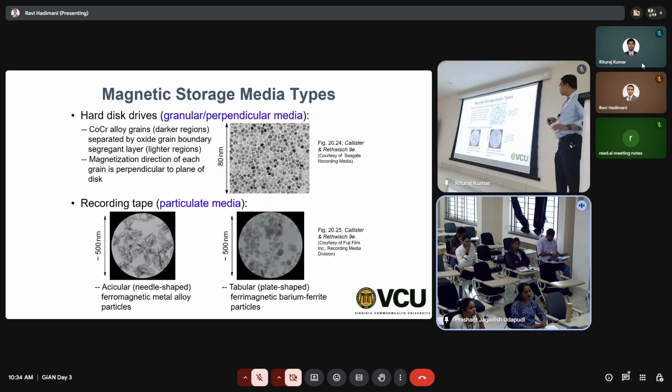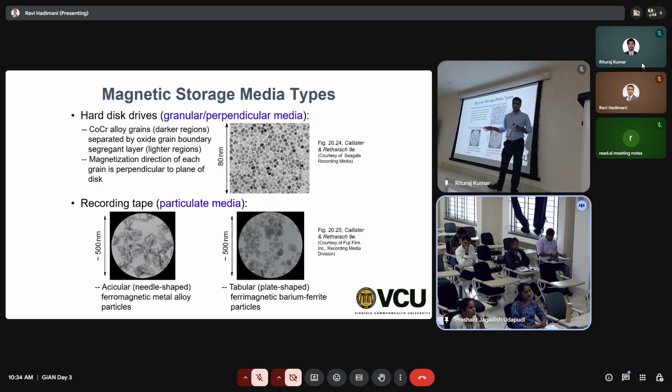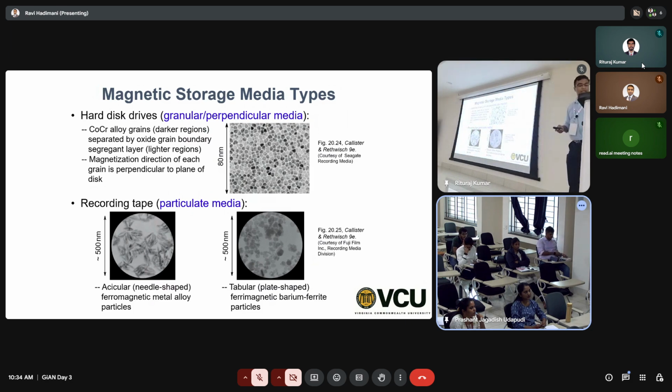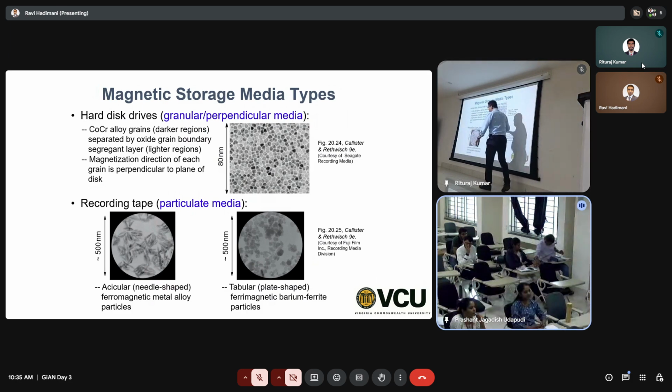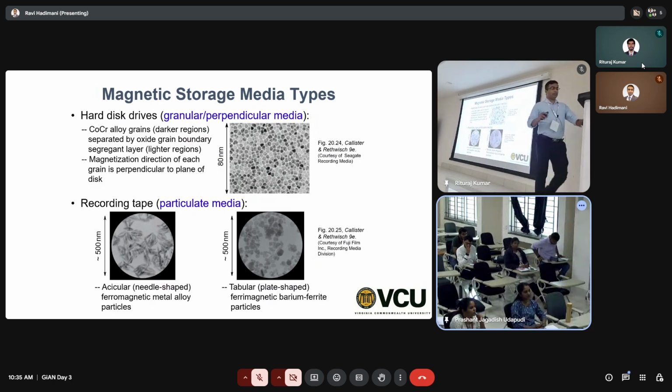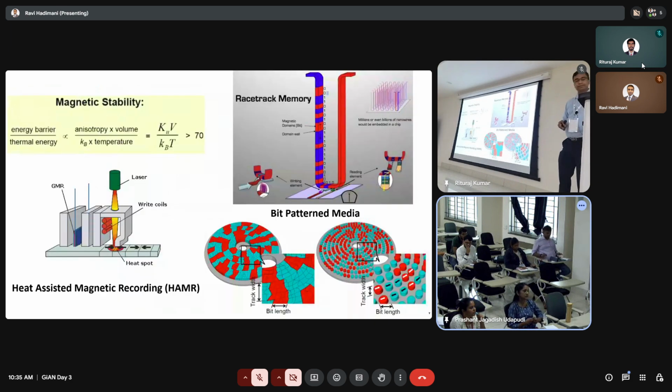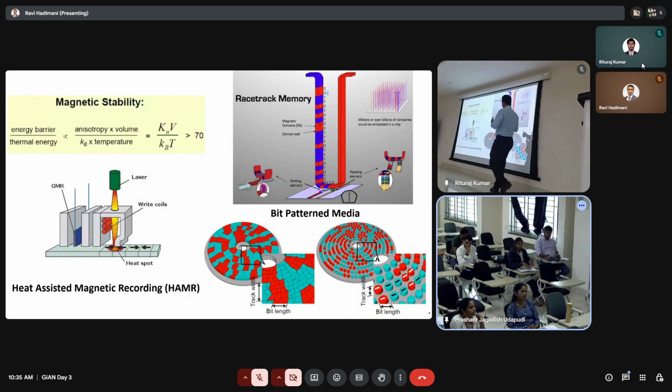and you can control. So the limiting factor is one, the sensor sensitivity. The other one is reading at a very small range. And the other one is the media itself. You can store with 30 nanometers, that is okay, but when you go closer, you can lose the information just because of a rise in temperature.